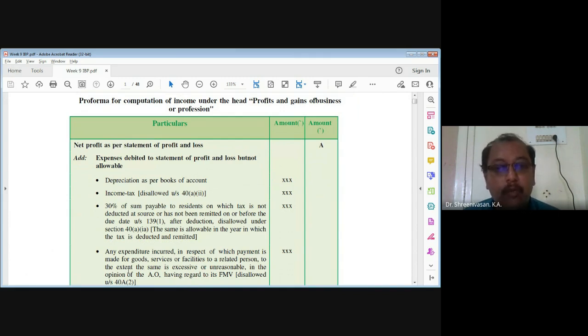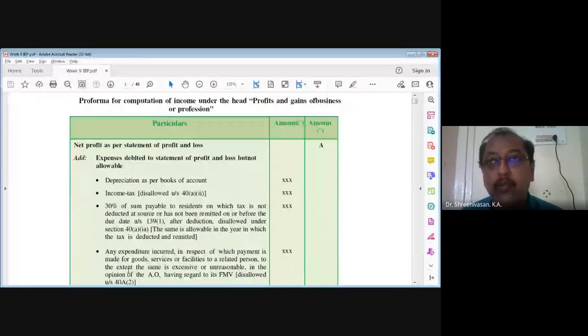We are going to add certain expenses which are also being debited in the statement of profit and loss, but then are not going to be allowable.